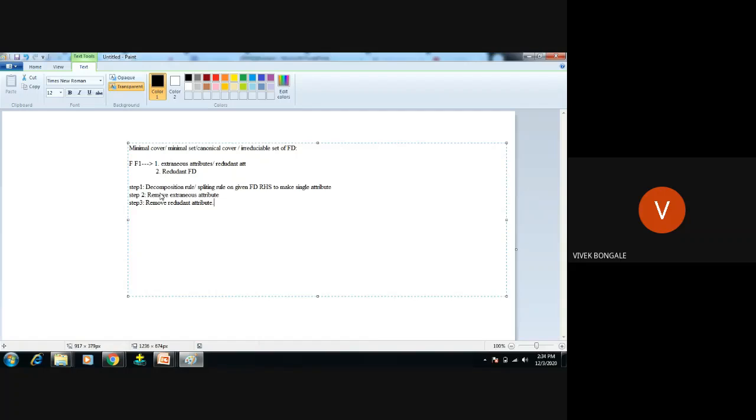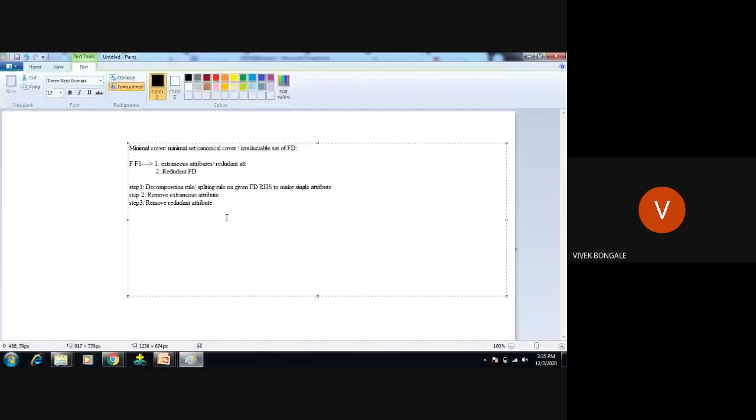We have to follow these 3 steps to find the minimal cover, or minimal set, or canonical cover of the given functional dependency.